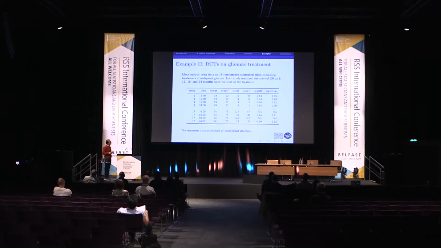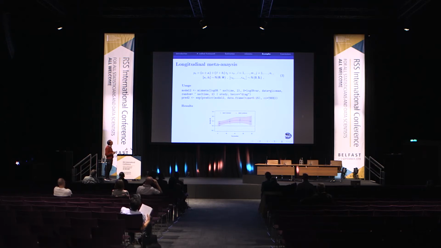The second example is an example of longitudinal meta-analysis, where there are 17 trials on which the survival odds ratio is measured at 4 different time points. Also here you have a kind of longitudinal structure.